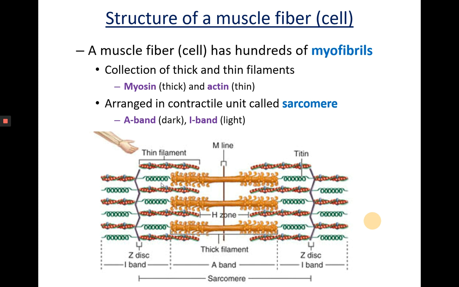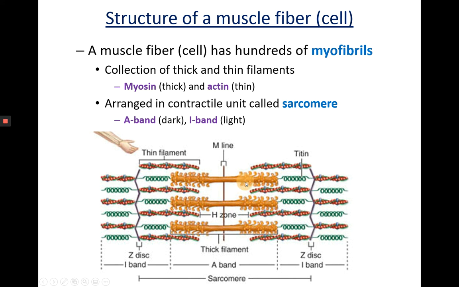Okay, and so these myofibrils will be mostly a collection of thick and thin filaments. So there are some filaments, as you can see down here, that are going to be thick, which are these big yellow ones. And then you're going to have some thin filaments, which are located over here. And so the thin filaments are going to be mostly made out of something called actin, and the thick filaments are going to be made out of something called myosin. Okay.